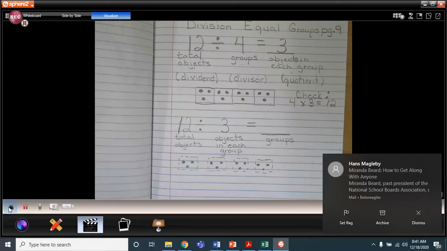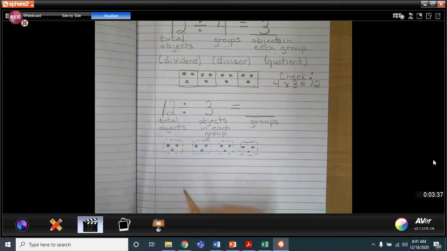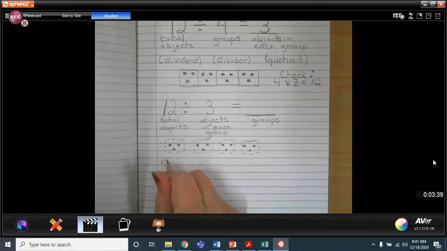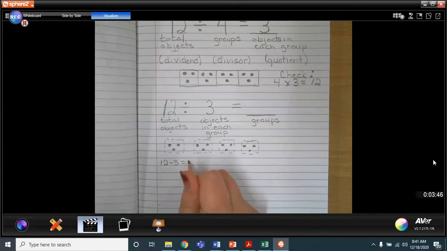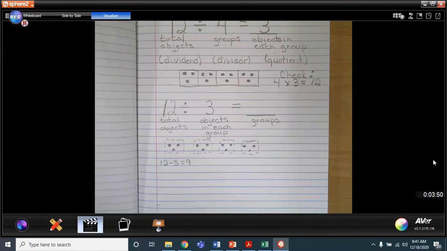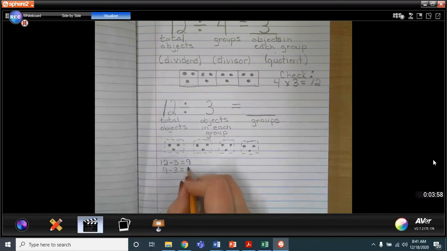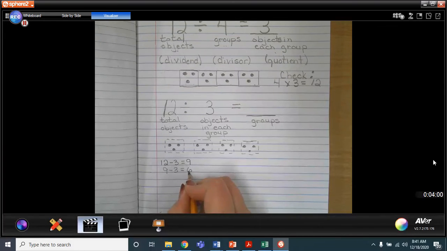So we're going to take this idea now and use repeated subtraction. So the idea here was we started off with 12, subtracted 3 from 12, and that gave us 9 left. Now we're going to take the 9 and take away 3 more and put it into a group, and now we should be left with 6.